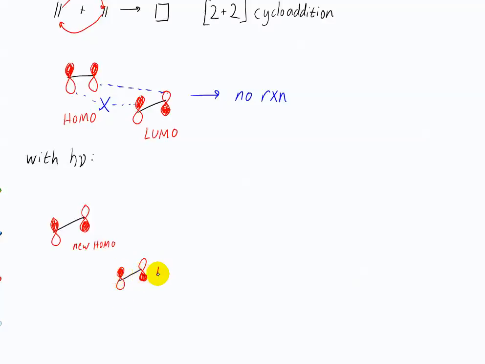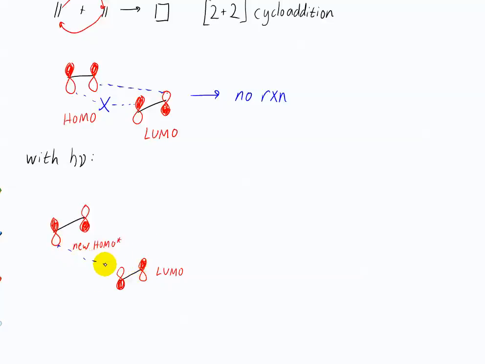And that can still react with the original LUMO of a non-excited molecule. Sometimes this is known as the HOMO star, the excited state HOMO. And now you see that, whoops, I drew it backwards, but hang on. Let's fix that. Because of course you can always flip this thing over however you need to.